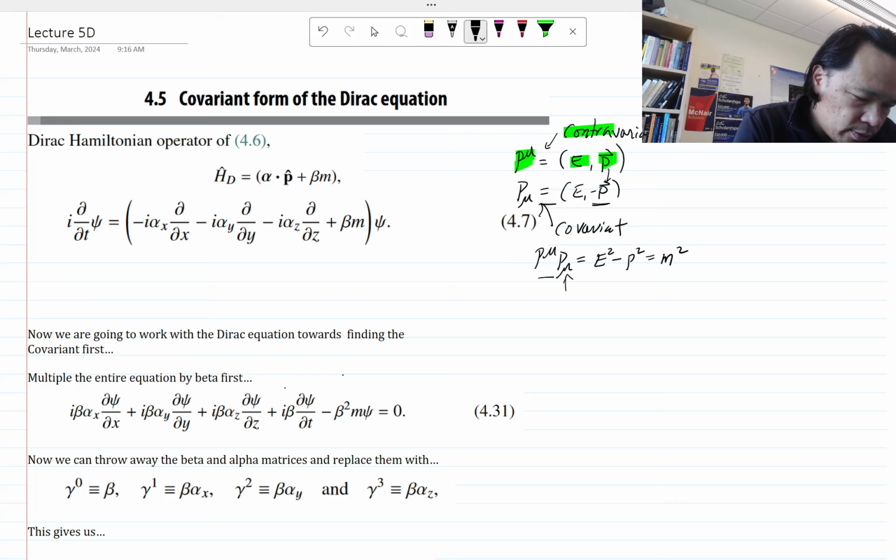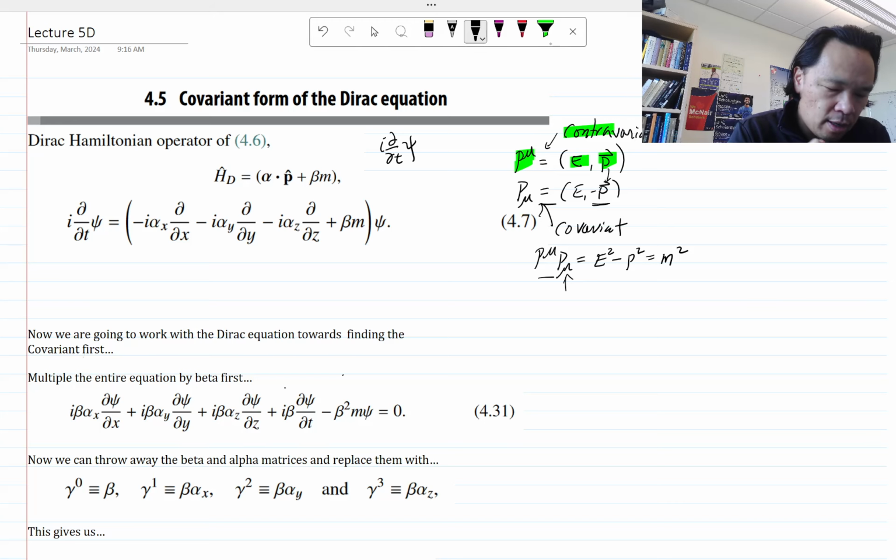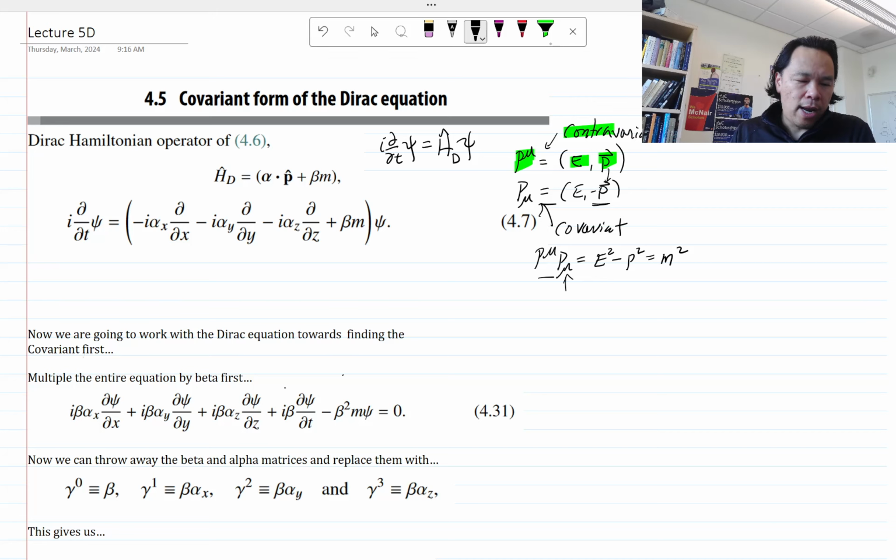The Dirac equation comes from the Schrodinger equation, where the time derivative, partial by partial t, of a particular state is equal to the Hamiltonian acting on that state. In this case, we're acting with the Dirac Hamiltonian.